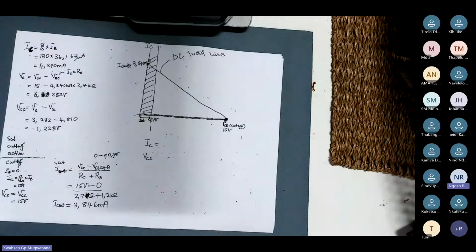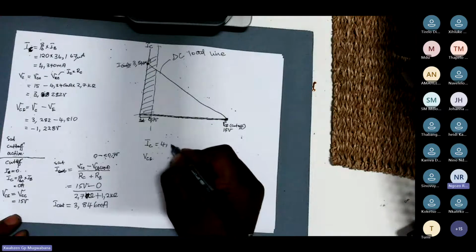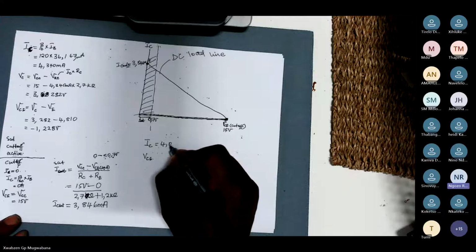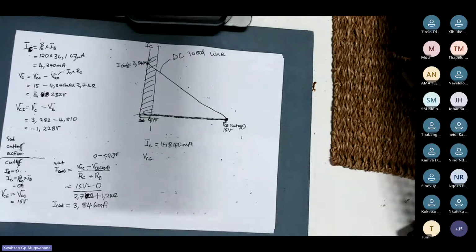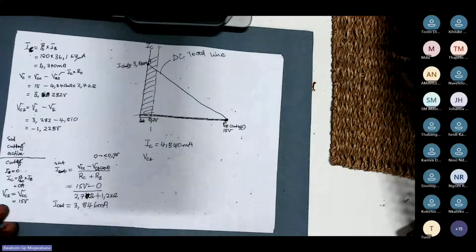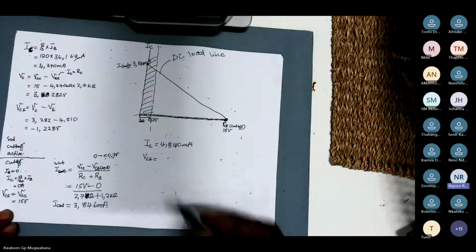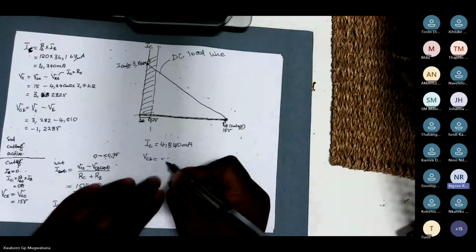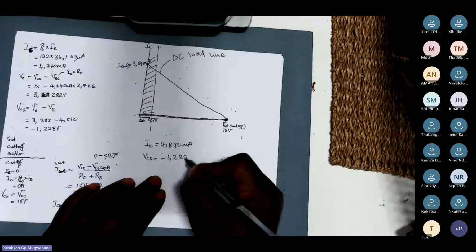Remember, it's 4,340 milliamperes, milliamps, isn't it? What is your VCE? It's negative 1,228. Negative 1,228 what?